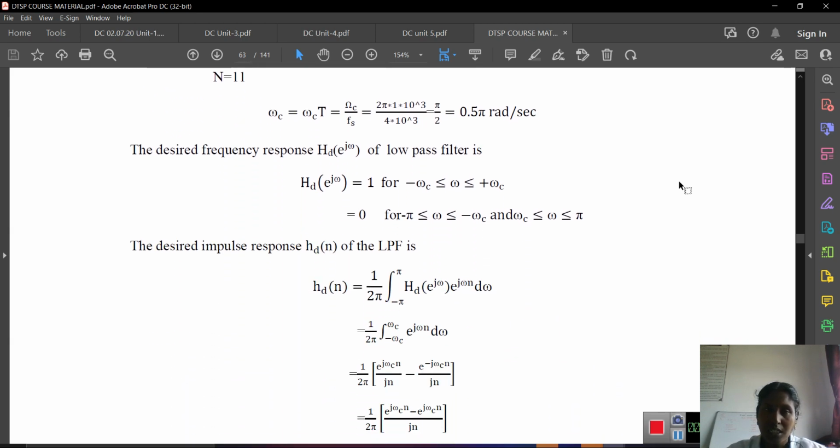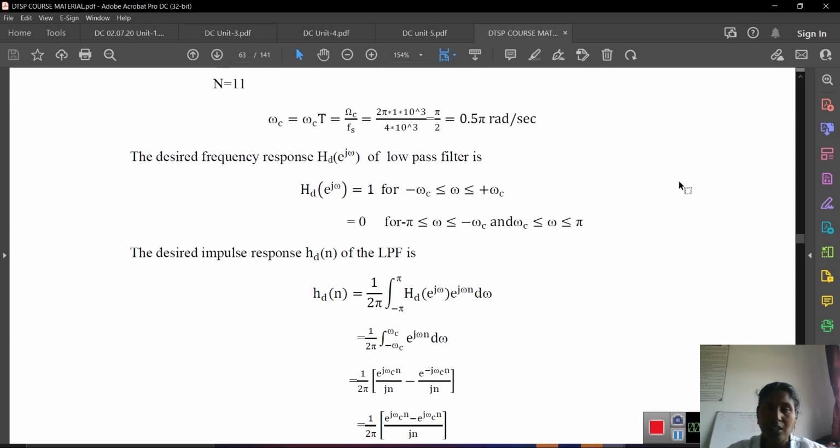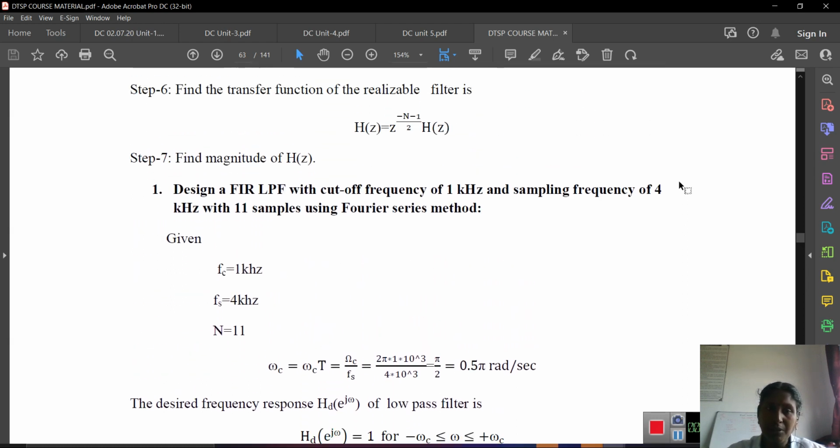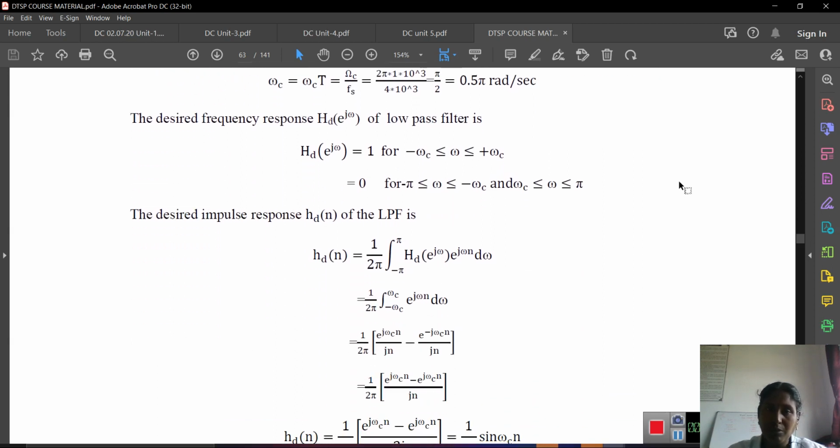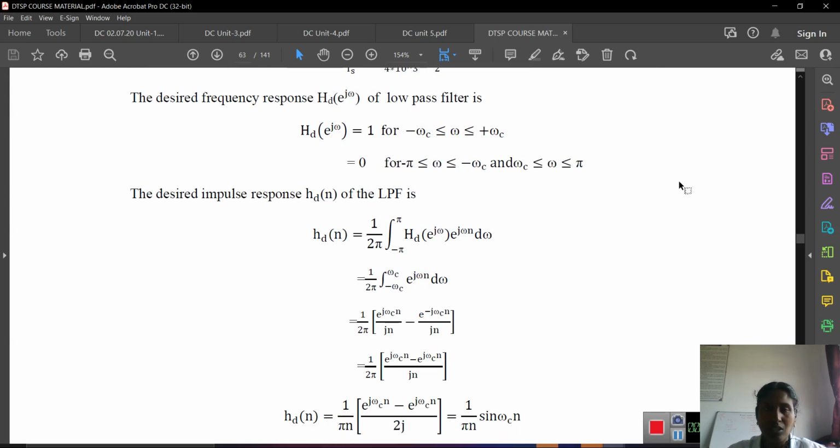Then the desired frequency response H_d(e^jω) for a low pass filter. So here we have an LPF from the sum, so that's why we go for the low pass filter. H_d(e^jω) equals 1 for minus ω_c ≤ ω ≤ plus ω_c, otherwise 0.